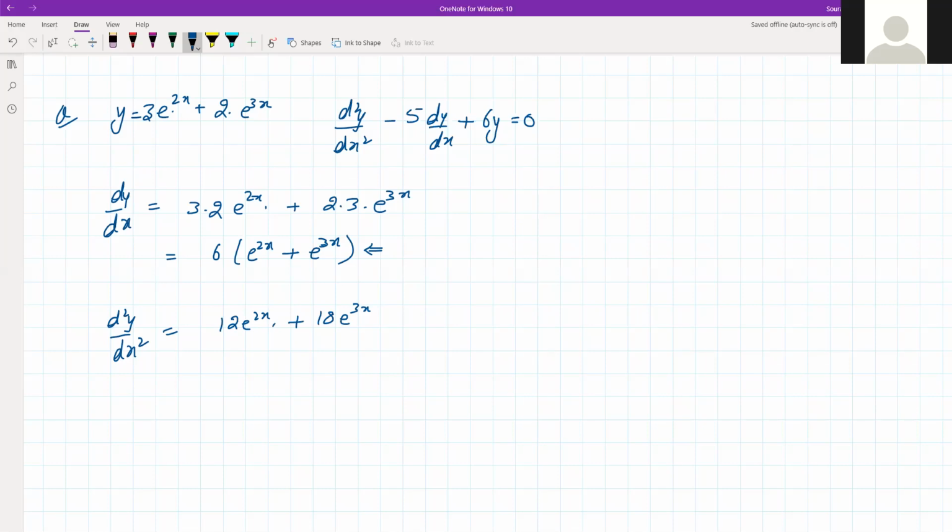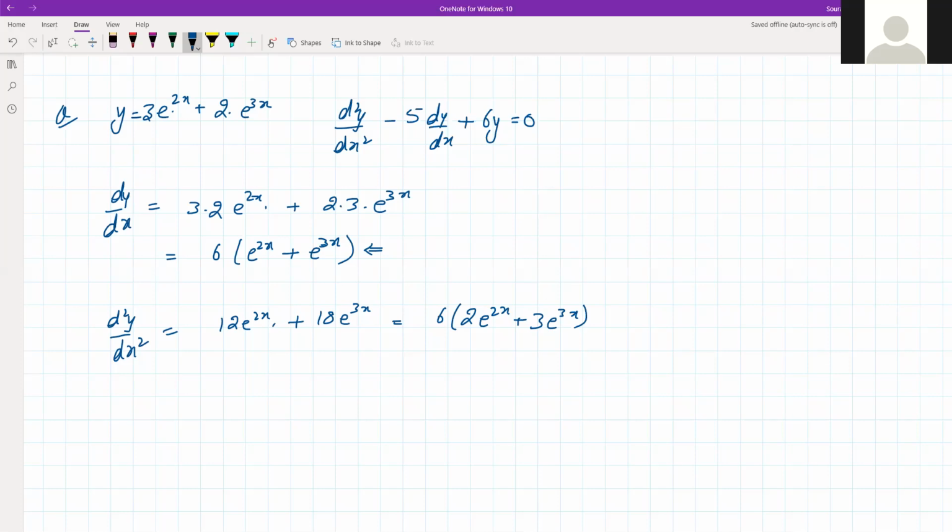In this, I can take 6 common again and I will have 2 e to the power 2x plus 3 e to the power 3x. Right, that is d square y by dx square.